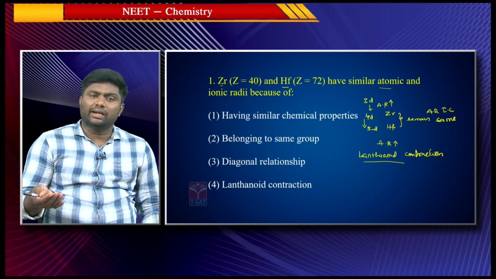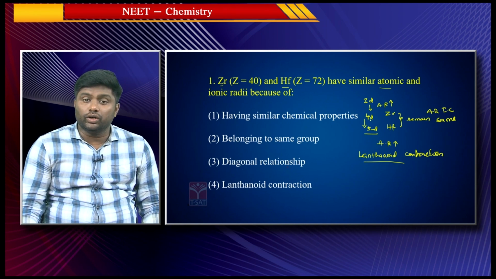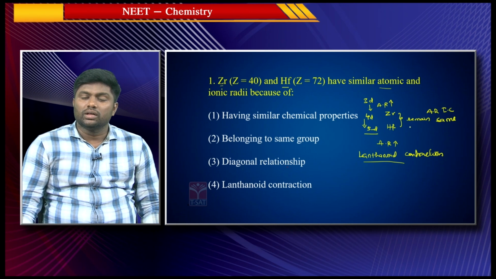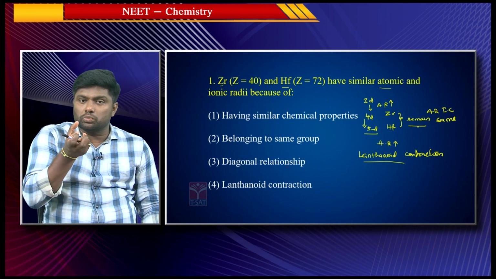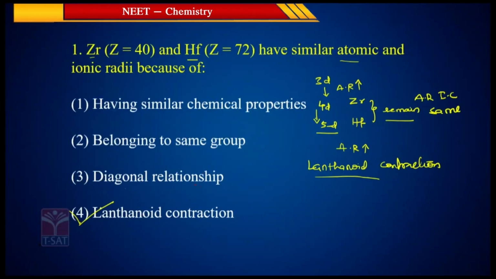Similarly, we have actinide contraction also. But here, from 3d to 4d and 4d to 5d, the lanthanide contraction offsets the size increase, so the size remains the same. So the correct option is lanthanide contraction, option 4.